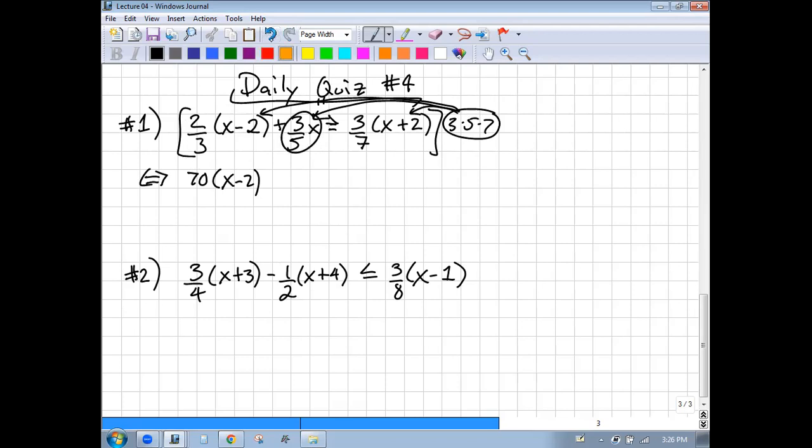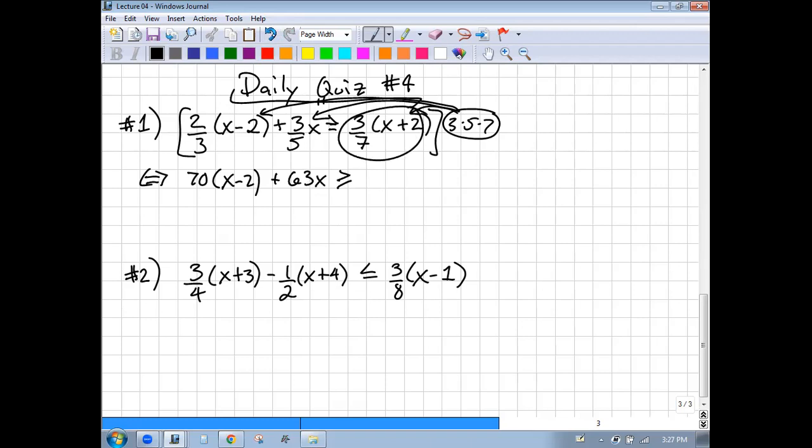Now let's look at this term. For that one, the 5 over the 5 would go away, and I'm going to be left with a 7 times 3 times 3. 7 times 3 is 21, times 3 would be 63, right? So I'd end up with a 63x.